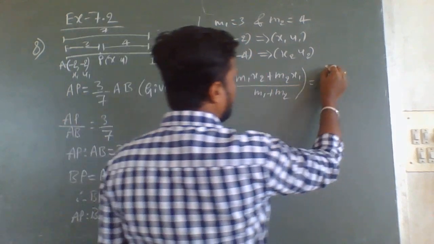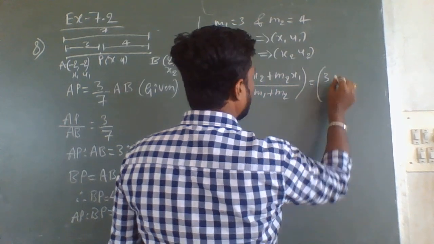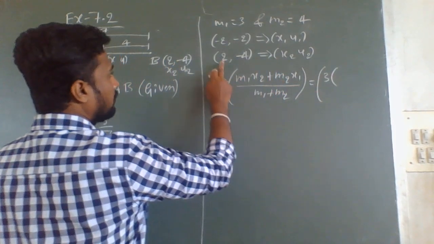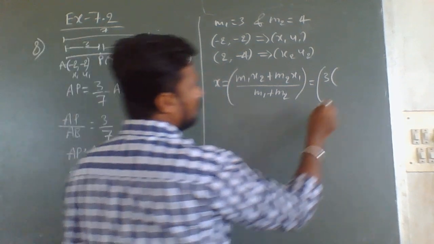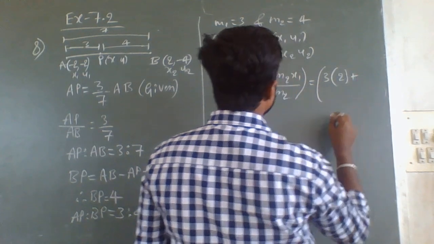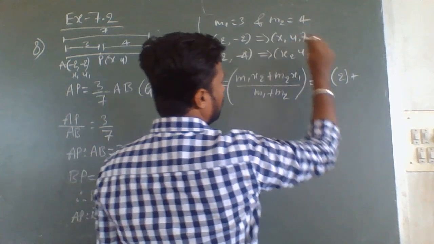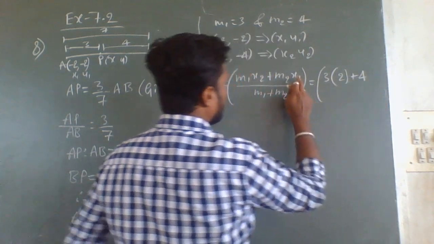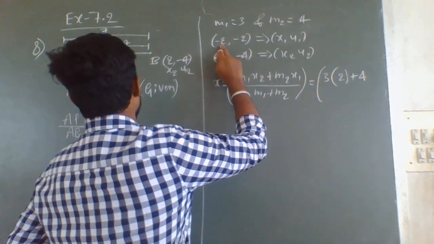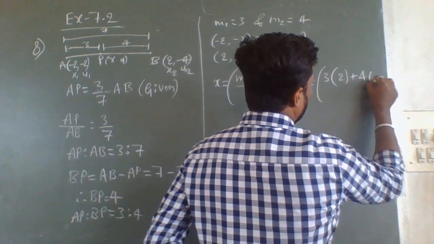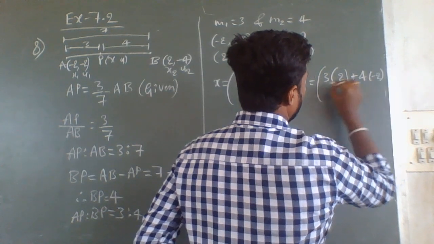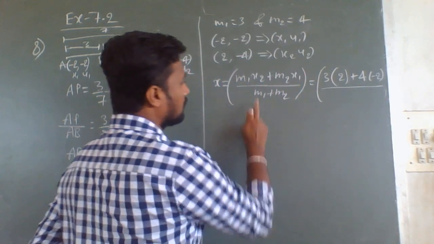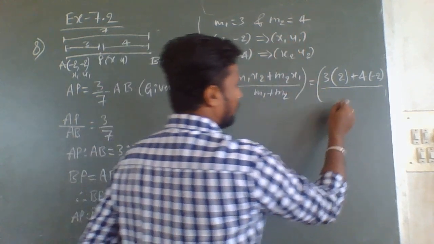The m1 value is 3, into x2. What is the x2 value? 2. Into 2, plus m2, which means 4. Next, the x1 value is minus 2, divided by m1 plus m2, which means 3 plus 4.